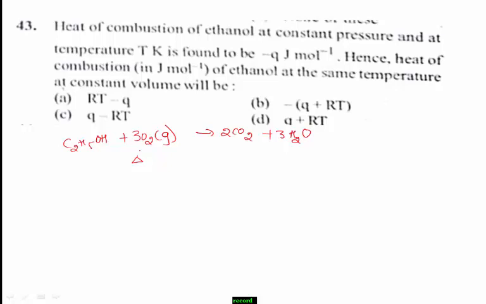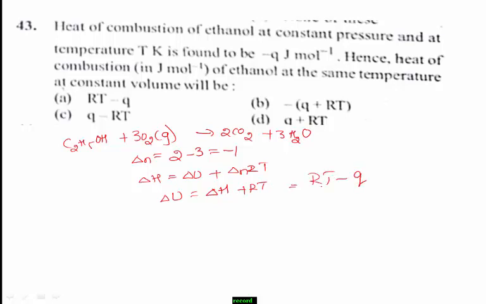Therefore delta n equal to 2 minus 3 equal to minus 1. You know the equation delta H equal to delta U plus delta nRT. So delta U equal to delta H plus RT equal to RT minus Q. This is your answer.